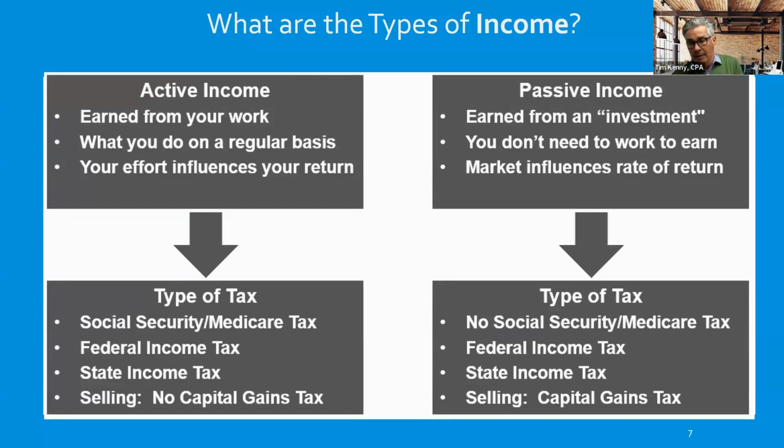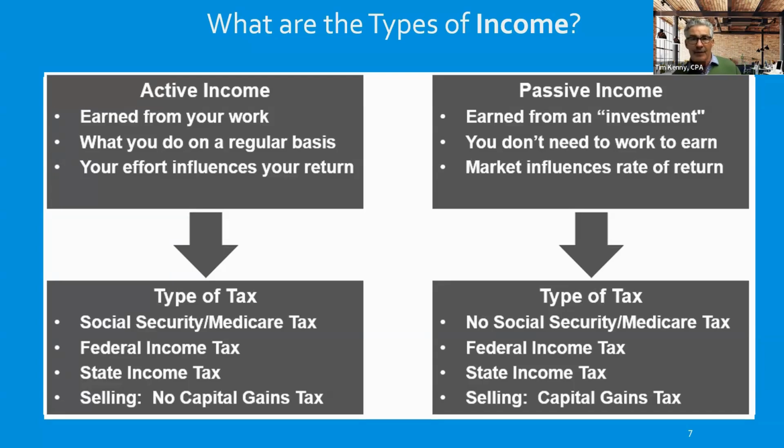Moving on to the right column, passive income is earned from your investments. You don't need to work to earn this income, and in many cases, the market influences how much income you earn or don't earn.